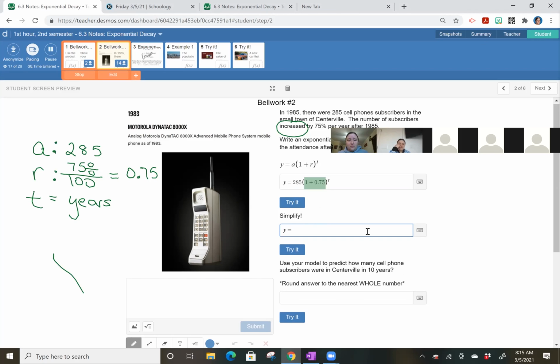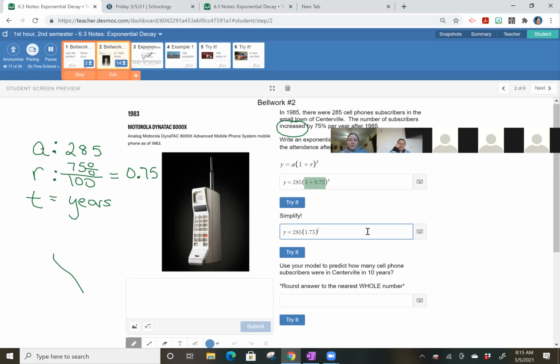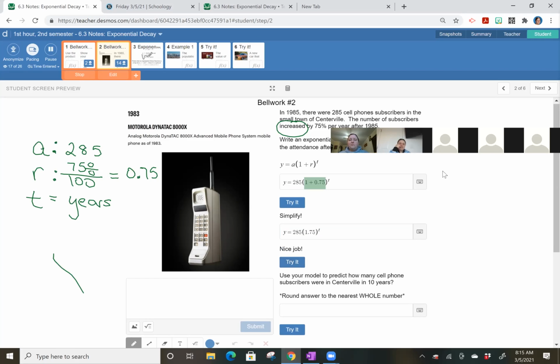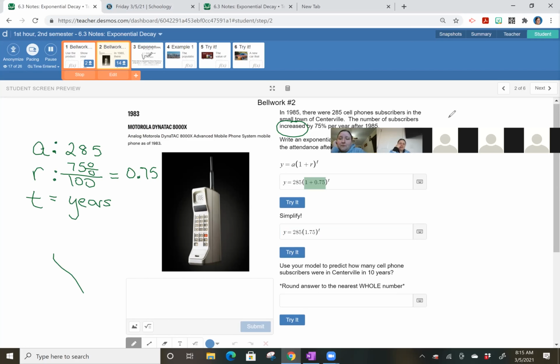So then it's y equals 285 times 1.75 raised to the t. And the cool thing here, b is greater than 1, so we know that our amount of cell phone subscribers are increasing, because here our b is 1.75. So that's just a way that you know you're doing it correctly.